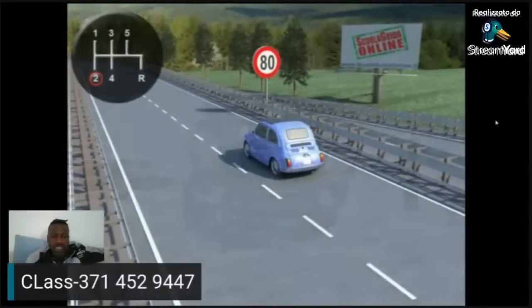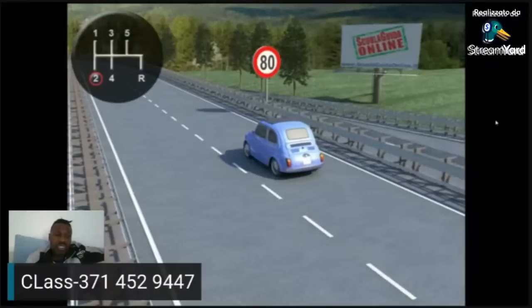Now, the changing of the gears of the vehicle is according to the speed that we have to circulate. So you cannot be circulating at 80 kilometers per hour speed and your vehicle gear will be in gear number 2.